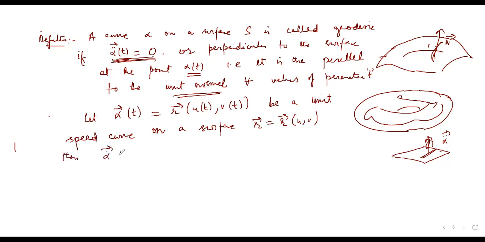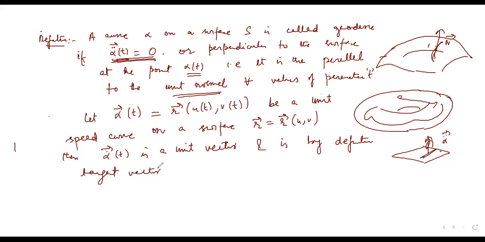Now alpha dot(t) is a unit vector, because I said unit speed curve, it's a vector of magnitude 1, and by definition it is tangent to the curve. So it must lie in the tangent plane to the surface at that point. It's by definition the tangent vector of alpha at t.